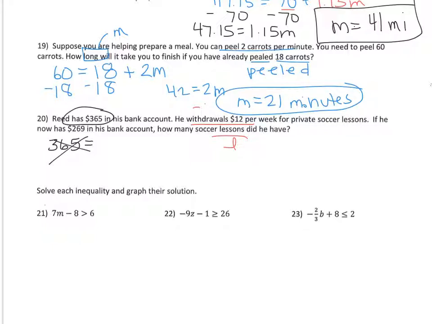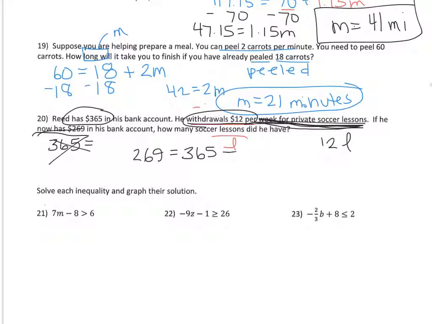So what he has now is $269. He started with 365, but he subtracted $12 per week. So he's taking $12 per week of lessons. So we can write 12L, so minus 12L. $12 per lesson.